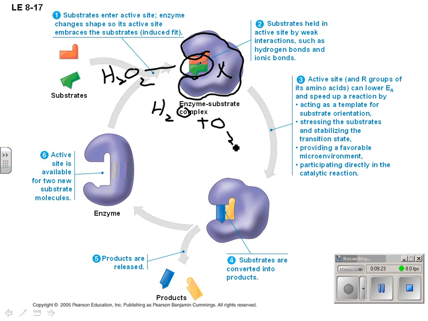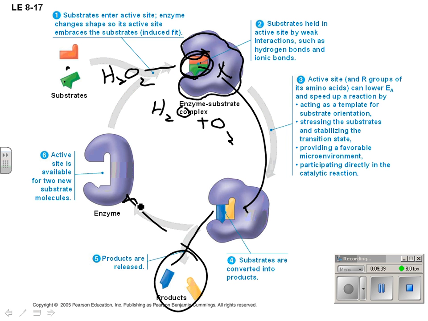So the enzyme grabs onto the peroxide, breaks it apart, and the enzyme is left over to do it again. This part of the enzyme here is called its active site. So the enzyme has a specific shape to fit the peroxide.